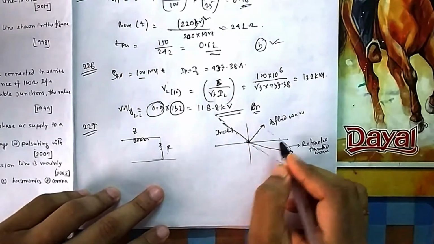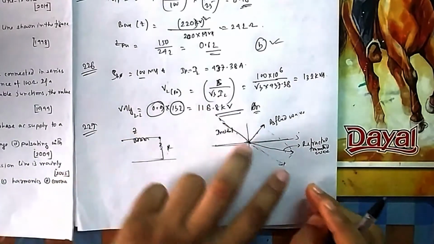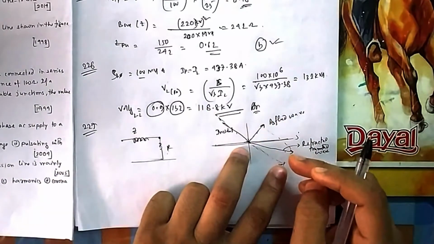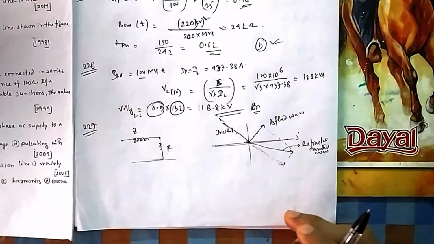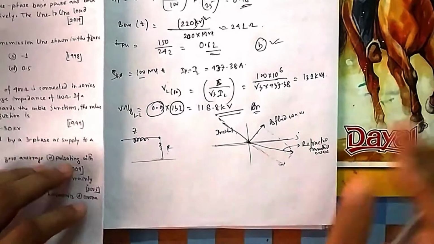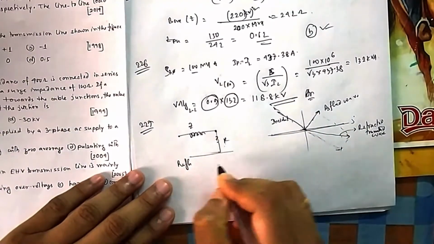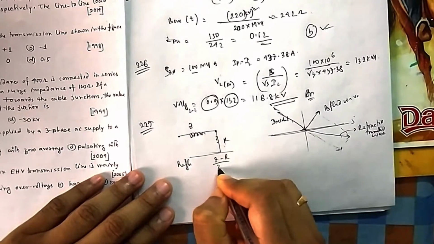Suppose this is the boundary, the junction point. It was supposed to go through the entire line, but some portion is reflected. So try to remember this from the figure. The reflection coefficient is Z minus R by Z plus R.